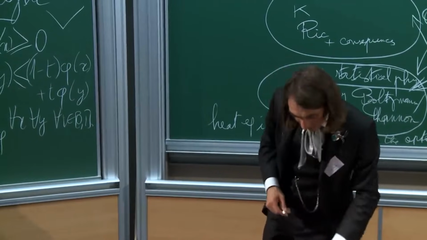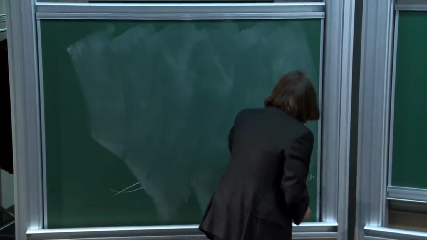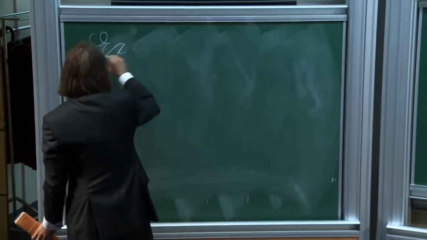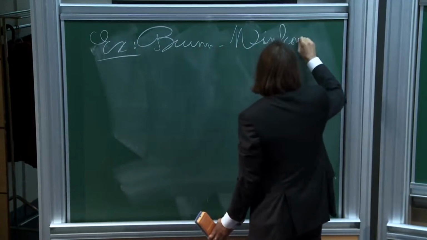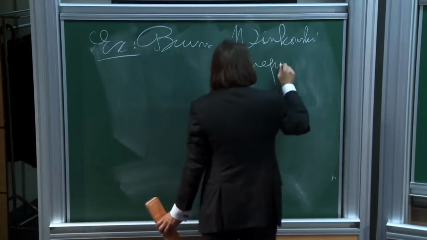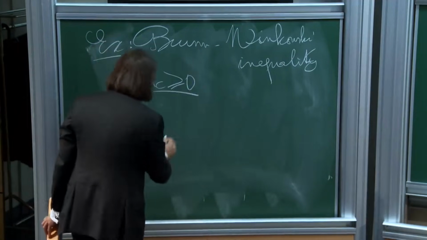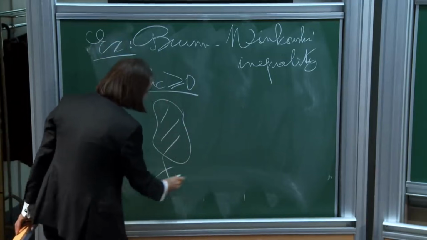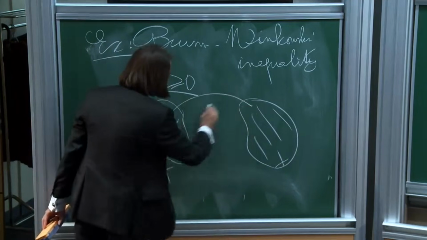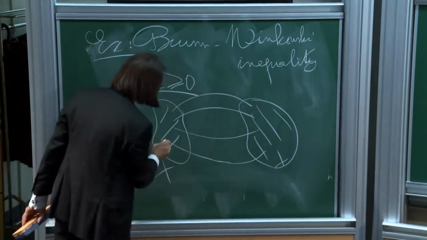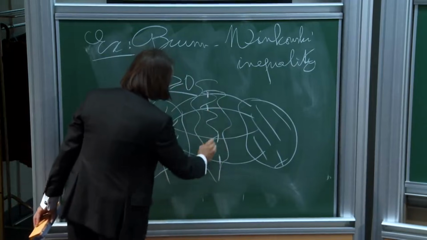One example of something which truly captures the meaning of curvature and which is emblematic: the Brunn-Minkowski inequality. Deep and simple. If I have Ricci bounded below by 0, and I take a compact set X and a compact set Y, and I look at all midpoints, so I draw all possible geodesics between one point here and one point there, and I take the midpoints each time, this gives me a set of midpoints.